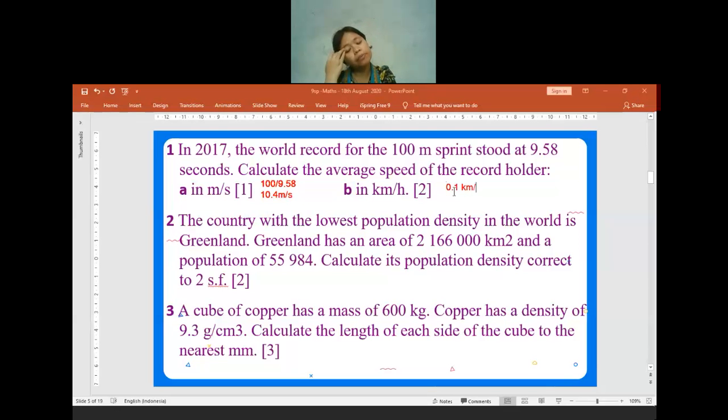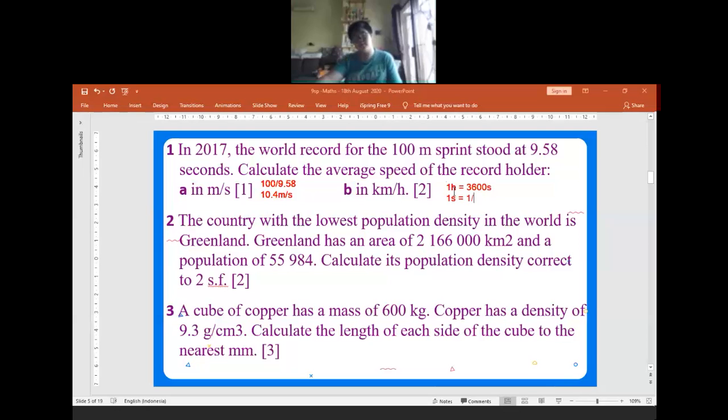We divide it by... Nah, I don't know, teacher. In 1 hour how many seconds? 3,600. Teacher, 1 hour is 3,600 seconds. So if 1 second, it will be how many parts of 1 hour? 1 per 3,600.